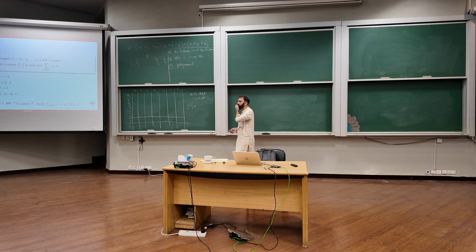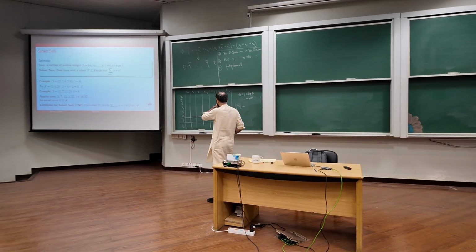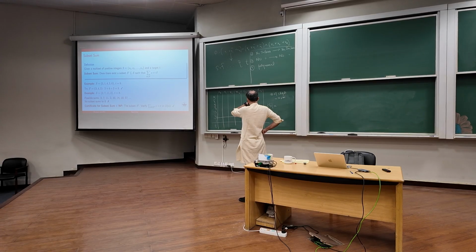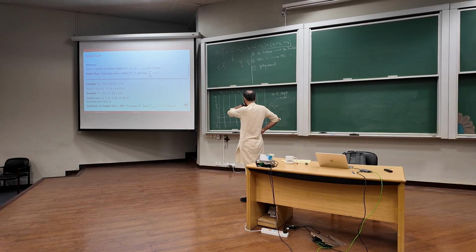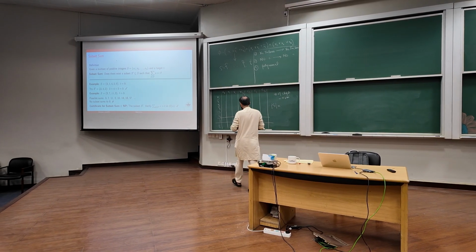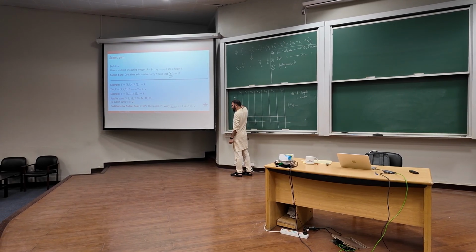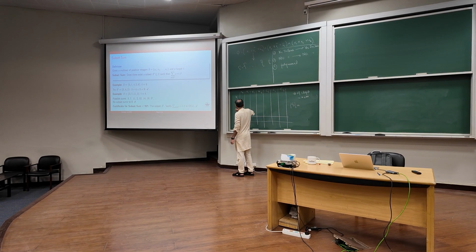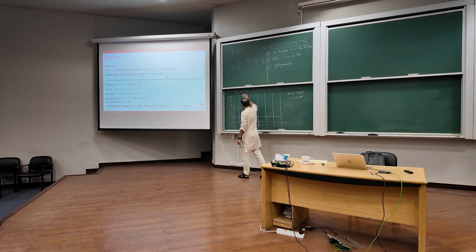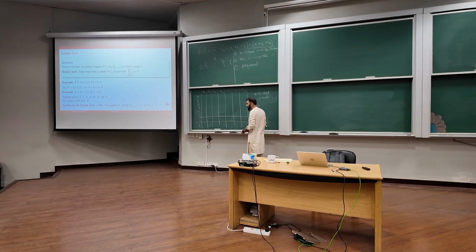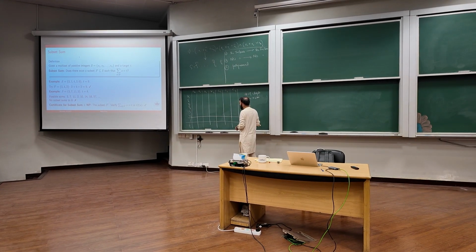So v1 corresponds to an integer. v1 dash also corresponds to an integer, and so on. The number of digits in each integer is n plus m, and these are the number of integers. How many integers do I have?